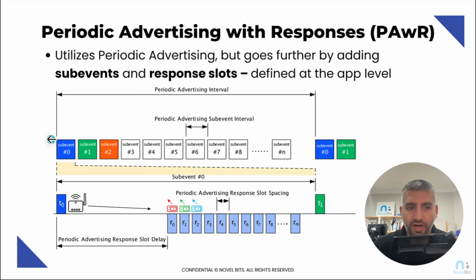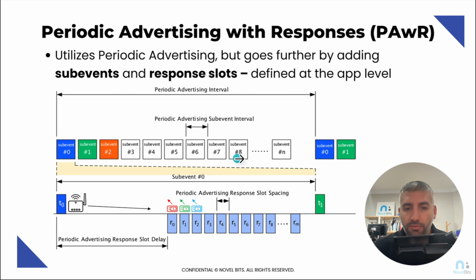In this case, we're actually taking this interval and splitting it into multiple sub-events. And we can have up to 128 or 255 sub-events, I believe. We'll look at that in the next slide.